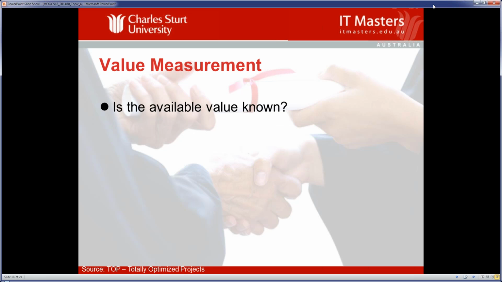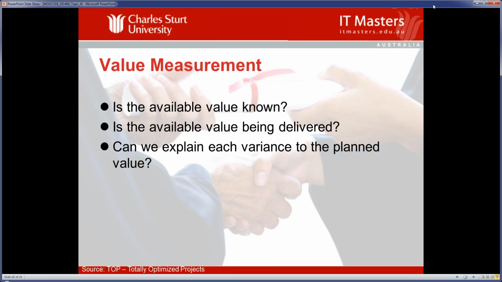So, do we know what the available value is? Is that particular value being delivered? We can only answer that by measuring. And quite often people talk about it as value or benefits realization. Well, it's really value realization, and you're starting to track the value, track the drivers as we go through.